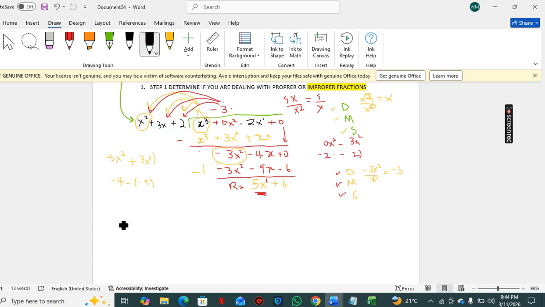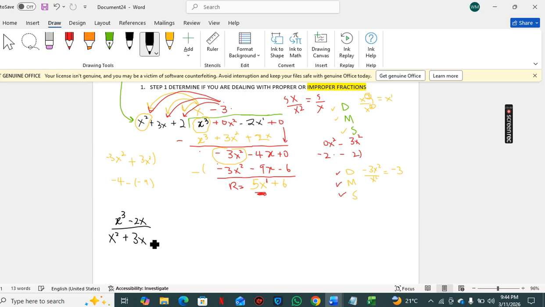Our original expression, x cubed minus 2x over x squared plus 3x.